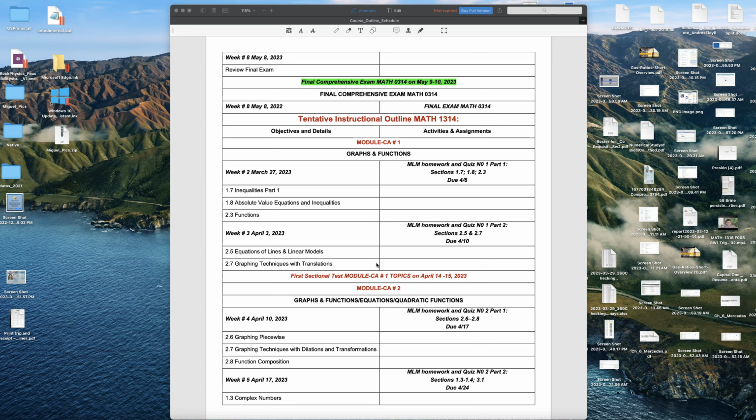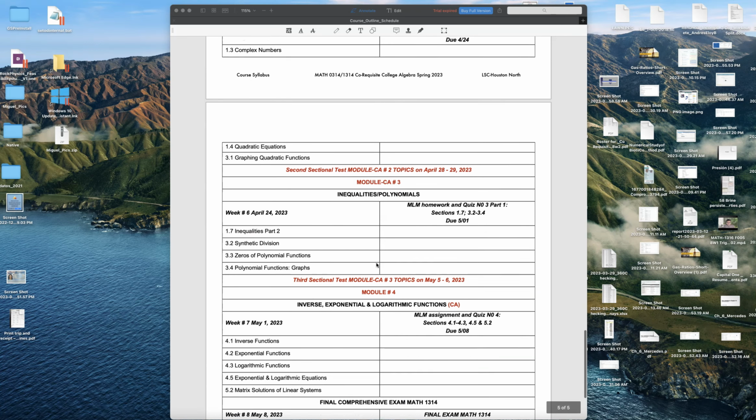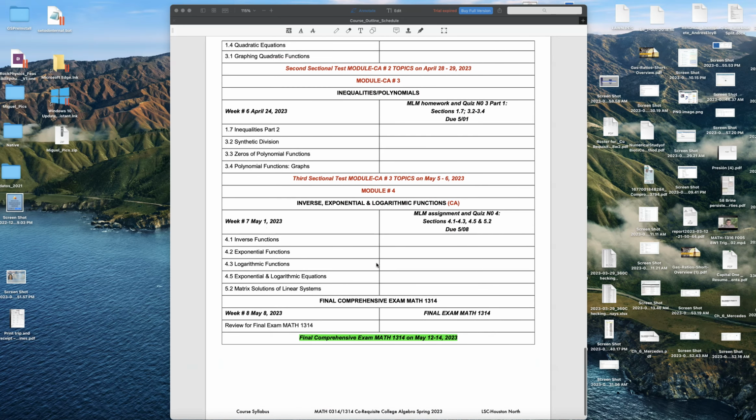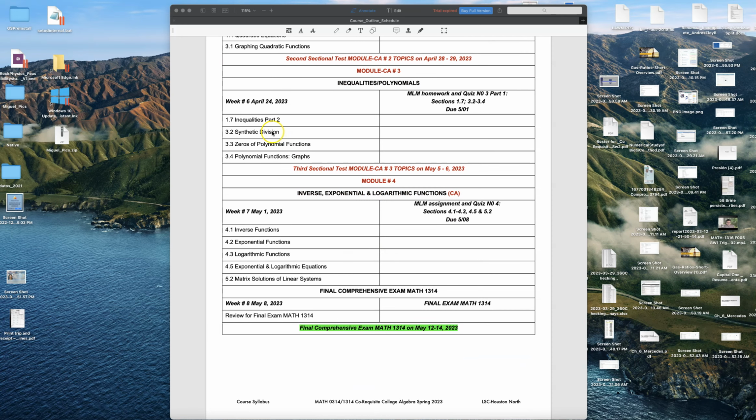What about college algebra? College algebra is a little bit different; we still have some material. Module 3 in college algebra is only 1 week, but I split it into quizzes just to help you. So you have two portions of homework for module number 3 that were already assigned when we started module 3.